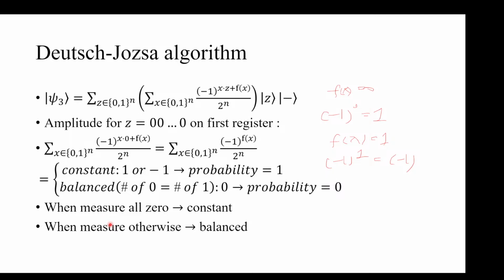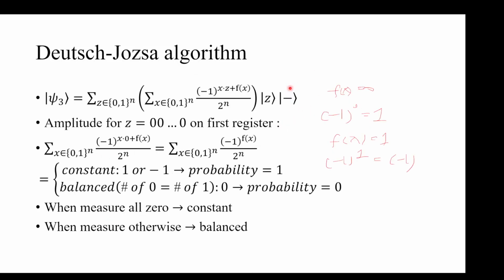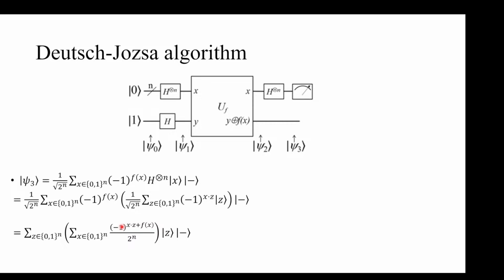At the measurement, when you see the all zero output, you know it's a constant function, and if you measure anything else, then you know it's a balanced function. This algorithm makes no error. You have 100% probability of getting it correct.